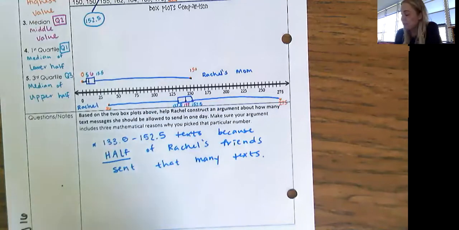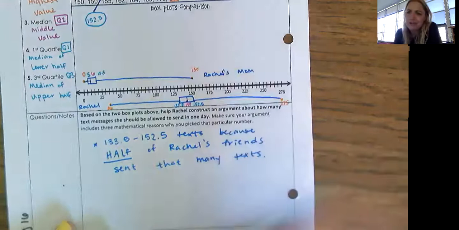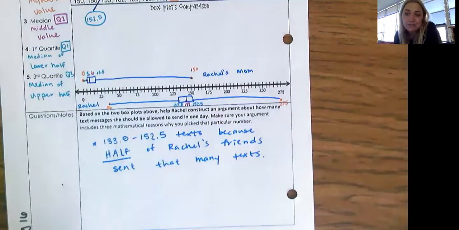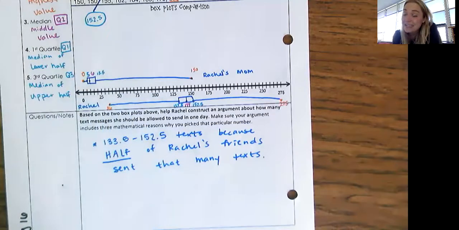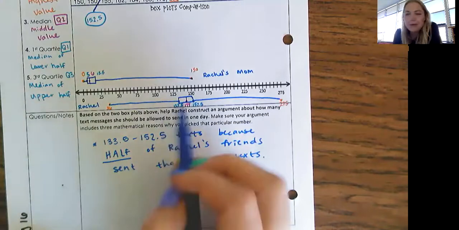Now, if you were one of those people who said, oh, Rachel should be able to send 275 texts because, like, she has a friend who sent that many, why might her mom argue that 275 is not a very good representation? Similarly, if Rachel's mom were to say, well, Rachel, you had a friend who only sent 36 texts in a day, what would Rachel's argument be? What do we know about that maximum and minimum compared to the rest of the data?